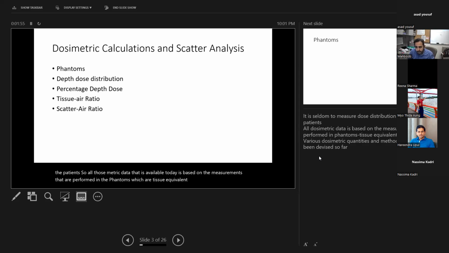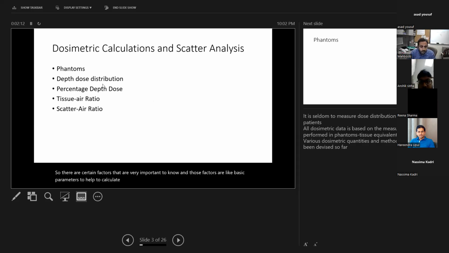There are various dosimetric quantities and methodologies that have been developed so far. There are certain factors that are very important to know, and those are basic parameters to calculate the dose inside the patient.